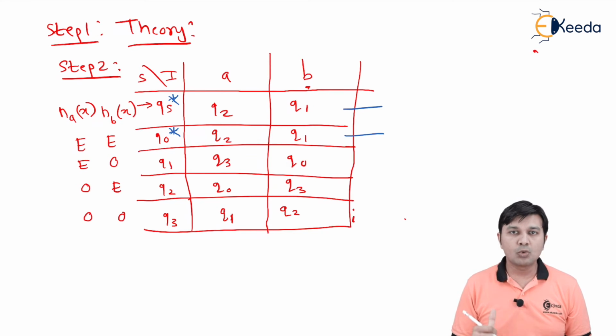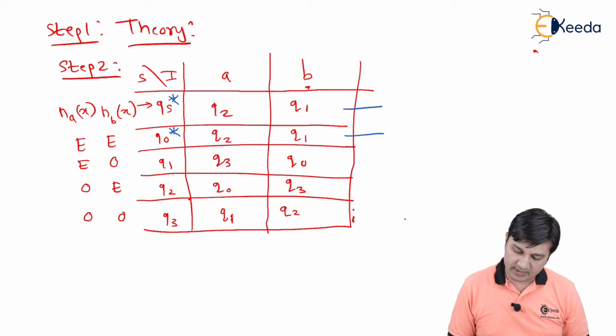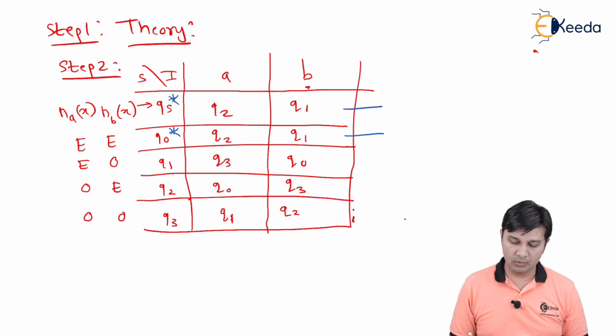So the minimization rule was states can be merged if both the states have the same transition. So I see Q2, Q1, Q2, Q1 belonging to QS and Q0. Similarly, I do not find Q3, Q0 repeated anywhere, or Q0, Q3 or Q1, Q2. So these are the only two possible combinations.